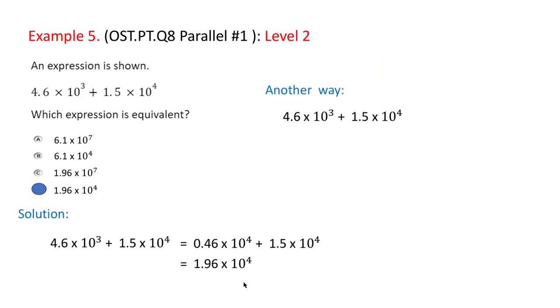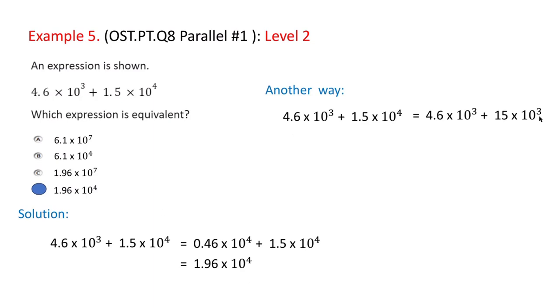Now you might ask, could we have started with this 4 here? Yes, you can. So if I want to change this 4 to a 3, I am multiplying this by 10 and dividing this by 10.